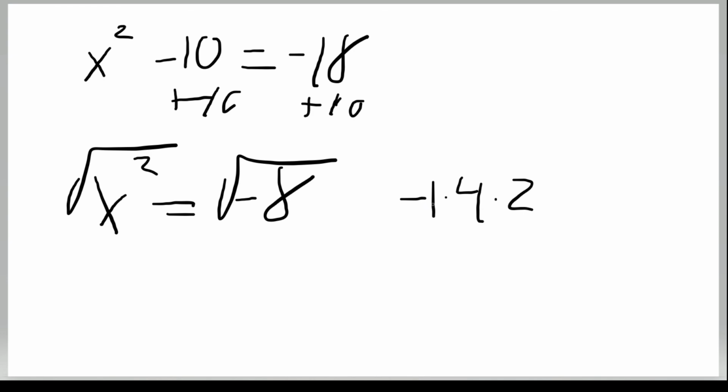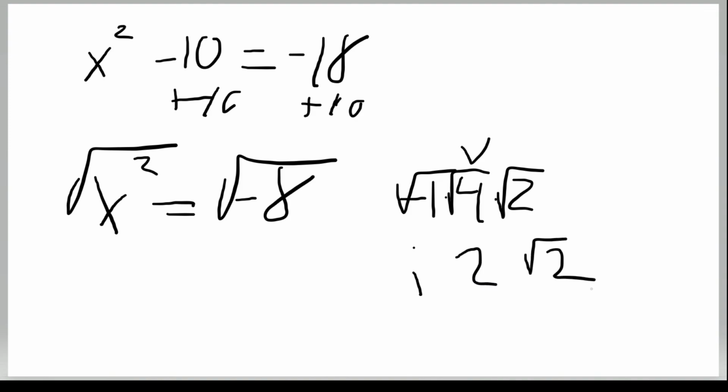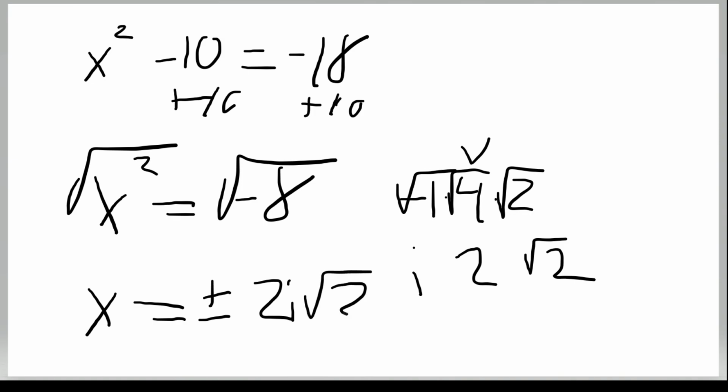Then negative 1 times 4 is going to be negative 4. So you can factor negative 4 one more time. So square root of each: it's going to turn to i, this is going to turn into 2, and this is going to turn to the square root of 2. So when you plug that in, it's going to be x equals plus or minus 2i times the square root of 2. That's going to be a solution for that one.